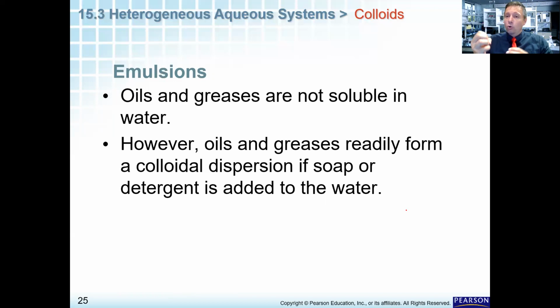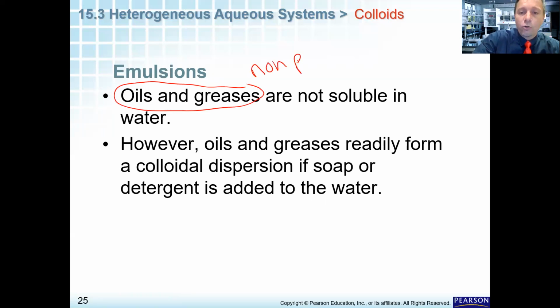Part of it is polar and the other part of it is nonpolar. So remember, oils and greases are nonpolar. So when you have these molecule chains of soaps and detergents, one side is typically nonpolar and the other side is polar.